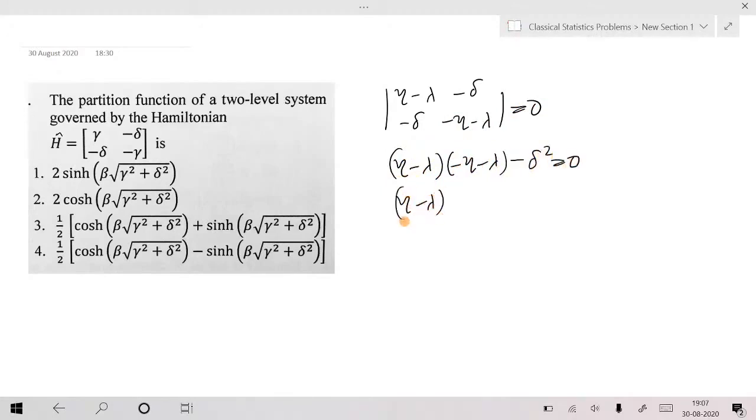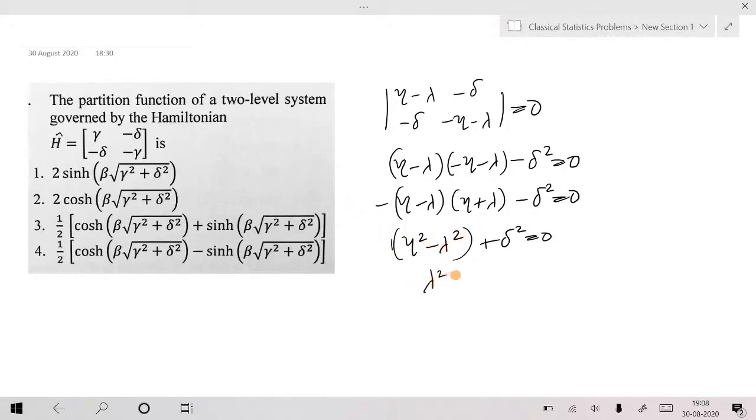Gamma minus lambda, gamma plus lambda, minus delta square is equal to 0. Gamma square minus lambda square. I can cancel out this negative sign by multiplying the whole thing by negative, plus delta square is equal to 0. Again, I need to solve it for lambda square. Am I right?